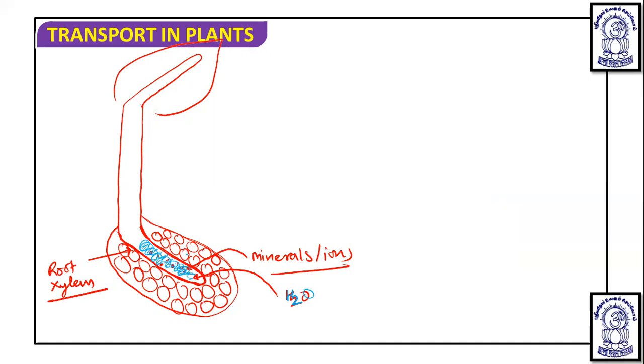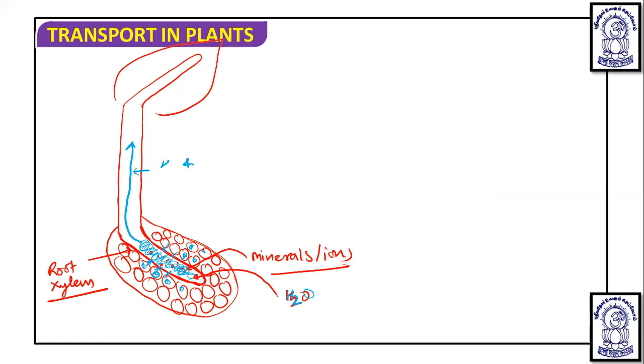The root xylem will be filled and water gets accumulated in the surrounding cells. When water accumulates in the surrounding cells, they will push this root xylem from both sides. The pressure which is developed in the surrounding cells and which is pushing the root xylem is actually root pressure. Due to this, the water and minerals are pushed upward.